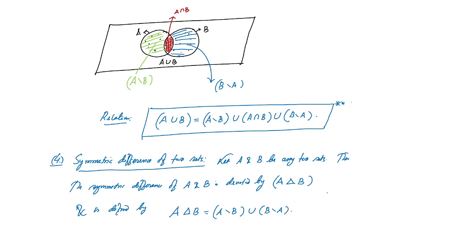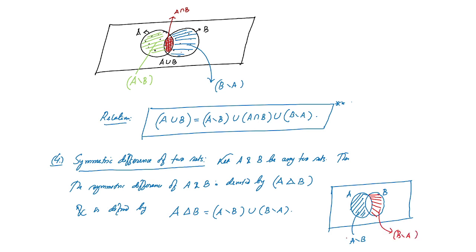Okay. So that means if we draw the diagram, this is your A and this is your B. So that part is basically A minus B, and this part is basically B minus A. If we take the union of these two, that means A minus B and B minus A, that will make the symmetric difference.